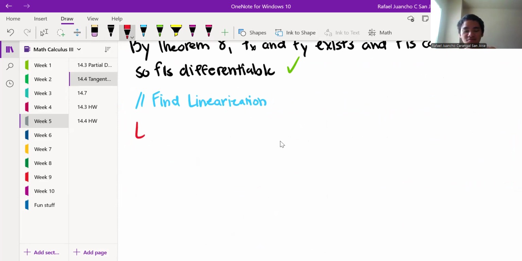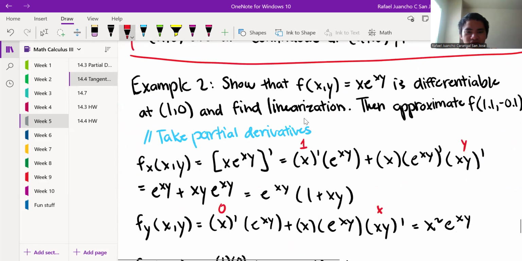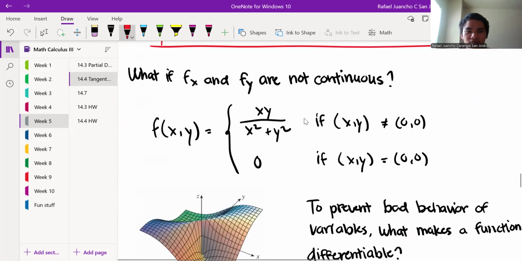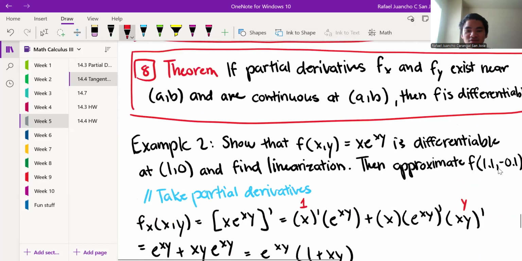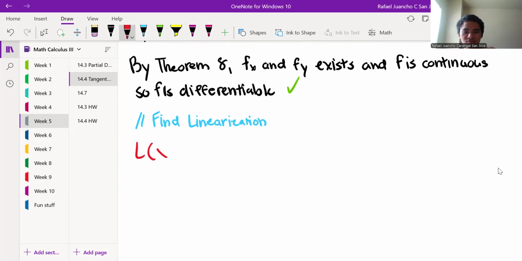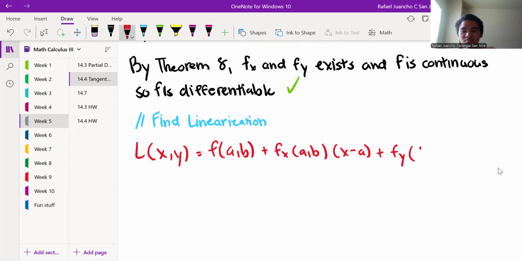So the formula is some L of xy. They're kind of lines in terms of x and y. So given some f(a, b), we're going to add their f sub x and then their f sub y.